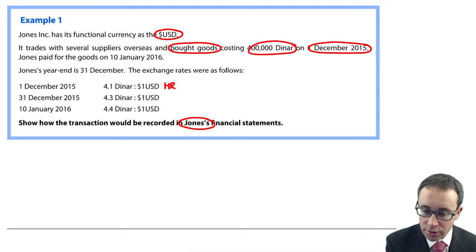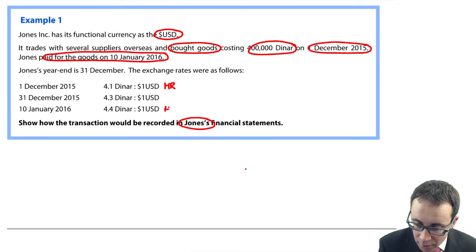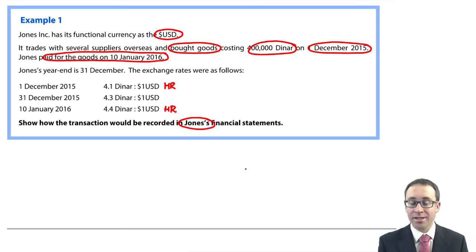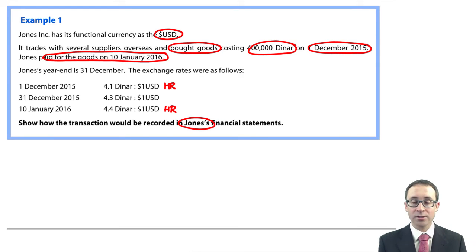Jones paid for the goods on the 10th of January 2016. So this is clearly a credit purchase. So when we pay for the goods, we will need to look at the rate that's in place on that date, being the 10th of January 2016. So again, even though it's a different date and the rate's different, we still do refer to it as the historic rate. Okay, so the historic rate on the 10th of January is 4.4 dinars to the dollar.